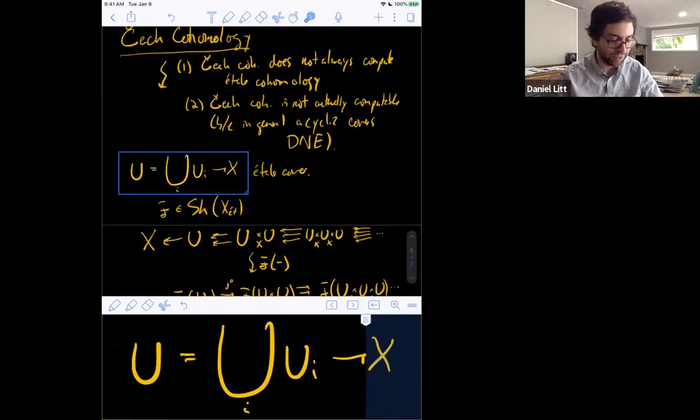Otherwise you have to limit yourself, not necessarily to finite unions, but you should assume X is quasi-compact and then limit yourself to finitely presented things. You have to make some choice about how to do this, and one way is to only work in the finitely presented setting.